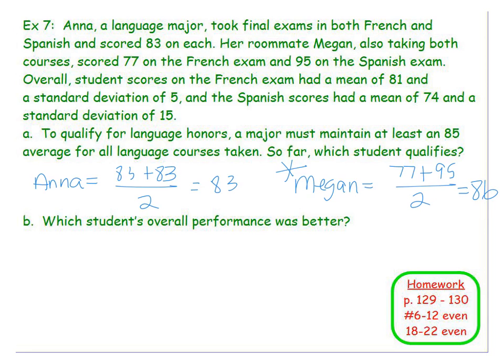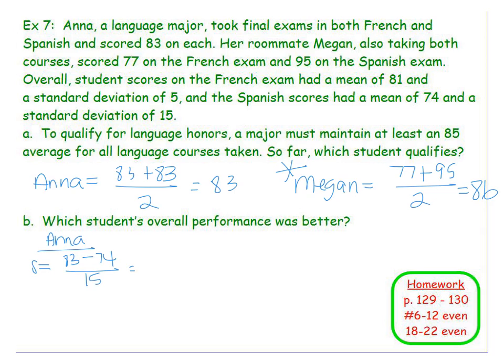This is where we want to convert to z-scores so that we can compare apples and oranges. So let's start with Anna. So let's do Spanish first. So Spanish's z-score, she had an 83 minus the mean for Spanish was 74 divided by the standard deviation for Spanish was 15.